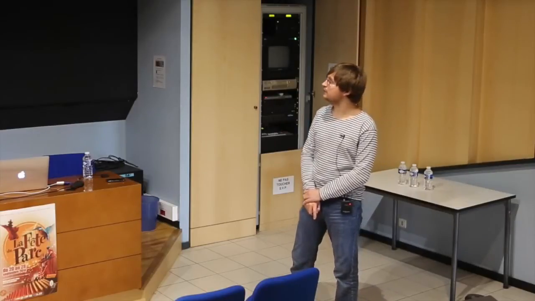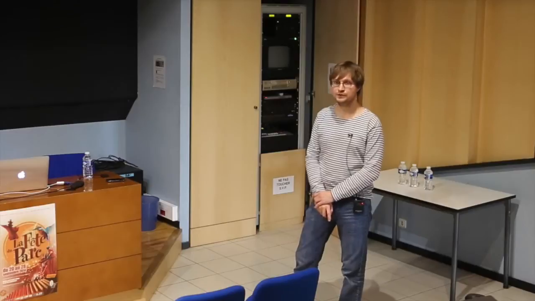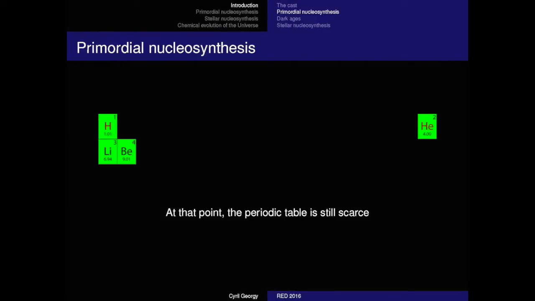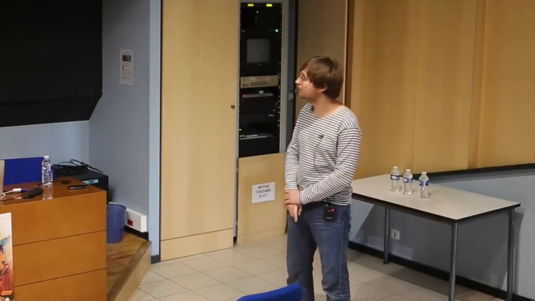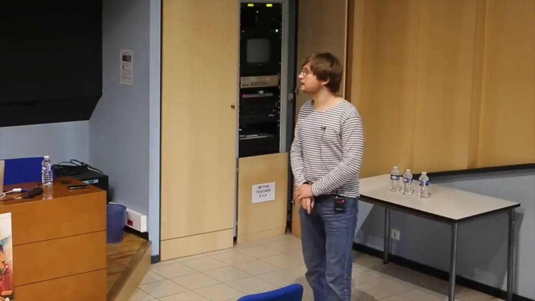So after the Big Bang, after the first 400,000 years, the universe was composed essentially of 75% hydrogen in mass, 25% helium, and traces of lithium and beryllium, and other isotopes of hydrogen and helium. So the periodic table is still scarce, mostly empty at this point.